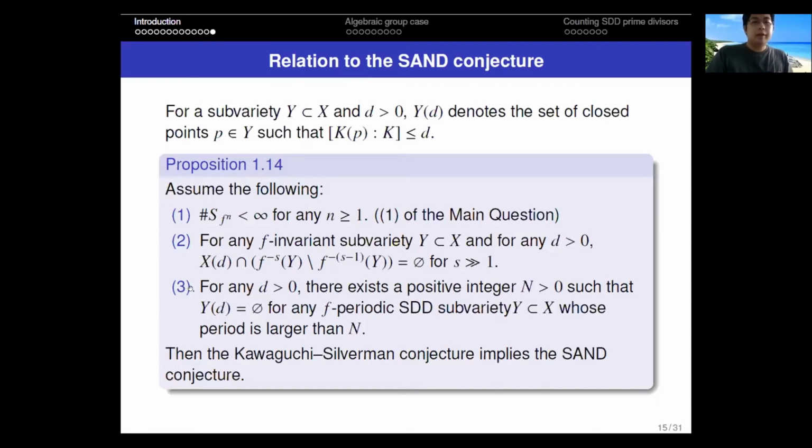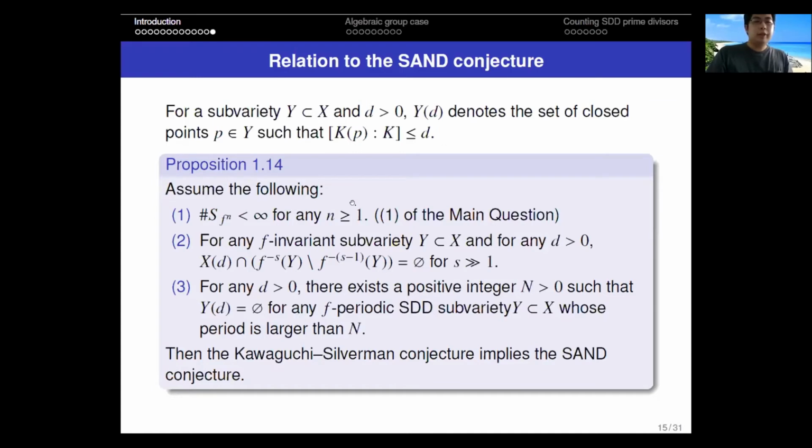And the third condition: for any positive number d, there exists a positive integer n such that Y has no rational points whose extension degree is bounded by d, for any F periodic STD subvarieties whose period is larger than n.